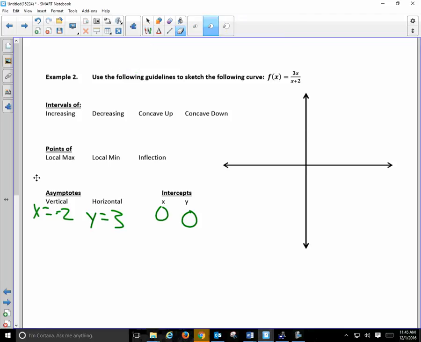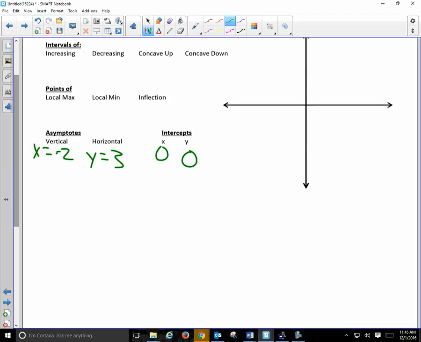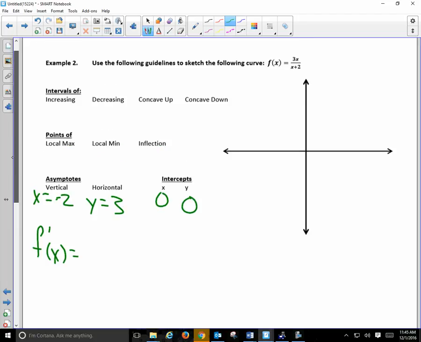Okay? All right. Now, in order to do this stuff, we need to take the derivative. In order to do this derivative, I need to use what rule? I could do the chain rule with the product rule, but I would have to write it as 3x times x plus 2 to the negative 1. So that'll be product with the chain. Instead, I'm going to choose to use a quotient.